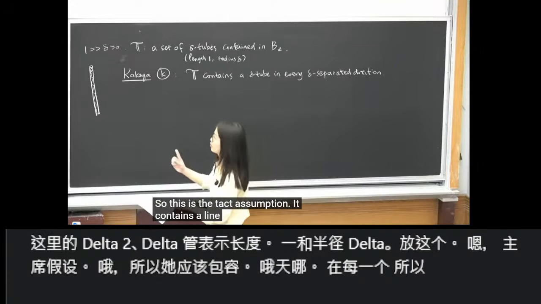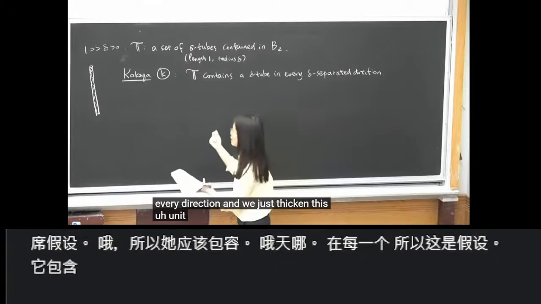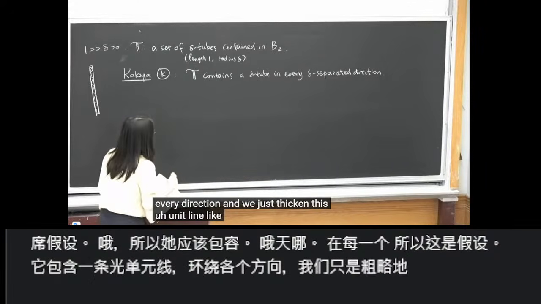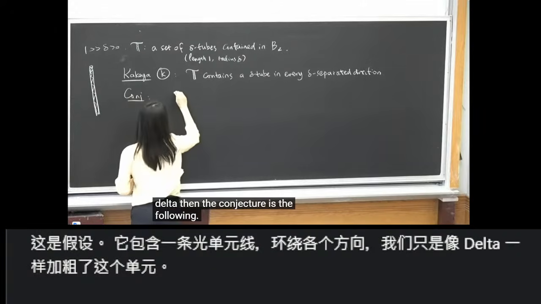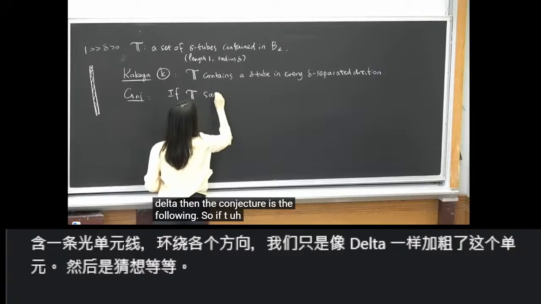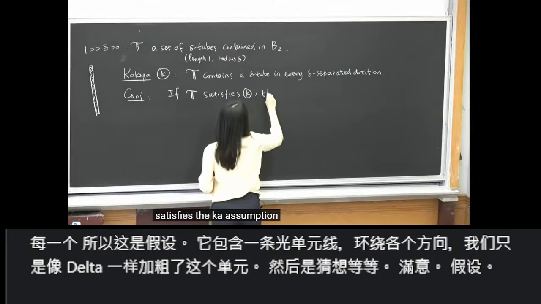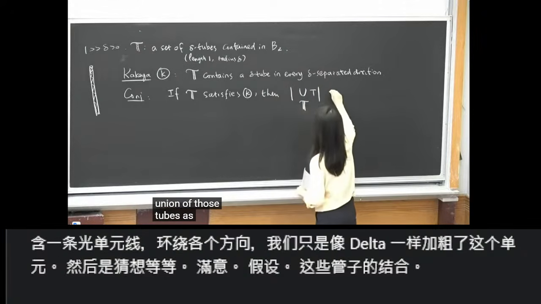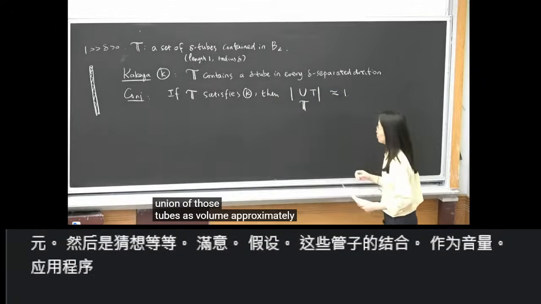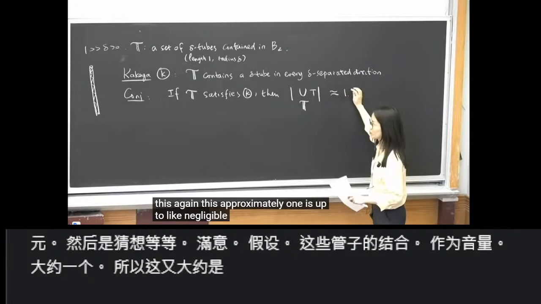It contains a unit line segment in every direction, and we just thicken this unit line by delta. Then the conjecture is the following. If T satisfies the Kakeya assumption, then the union of those tubes has volume approximately 1. This approximately 1 is up to negligible powers of delta.